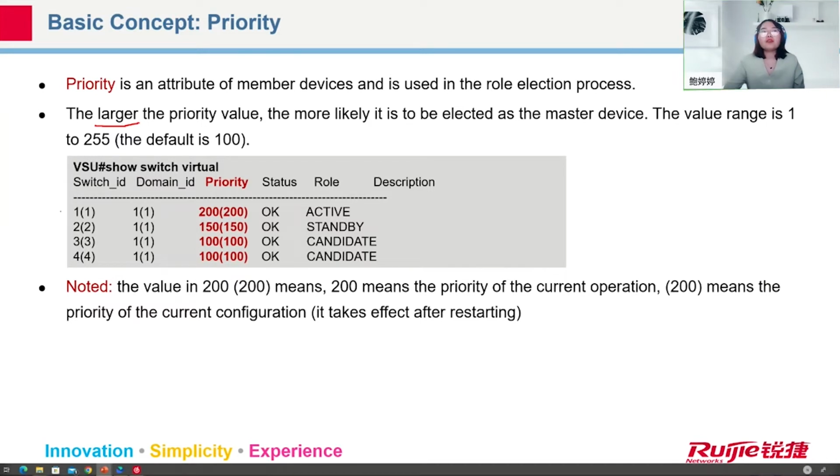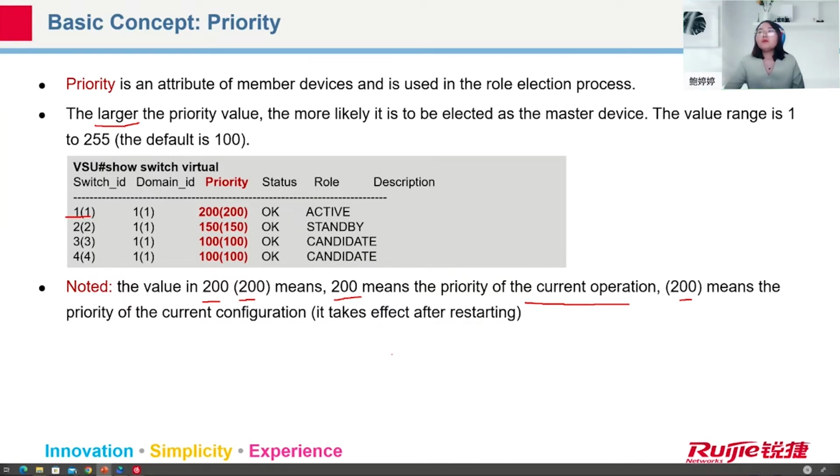So in this VSU, we have 4 switches, and the first one will be selected to become the active because the priority is 200. About this value, we have the first 200 and then the second 200. The first 200 means the priority of the current operation, but the second 200 means the priority of the current configuration.